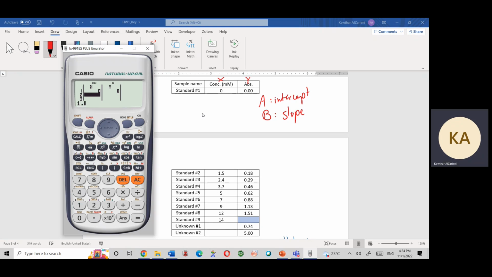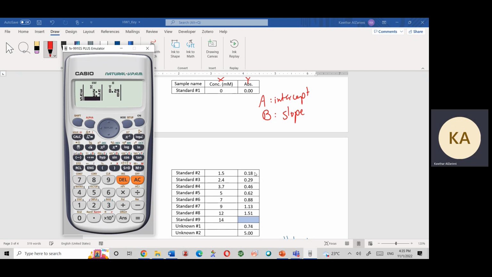And then 1.5 has an absorbance of 0.18. 2.4 for the concentration has an absorbance of 0.29. I actually prefer inputting all x's first and then all y's because mistakes are less, I guess.